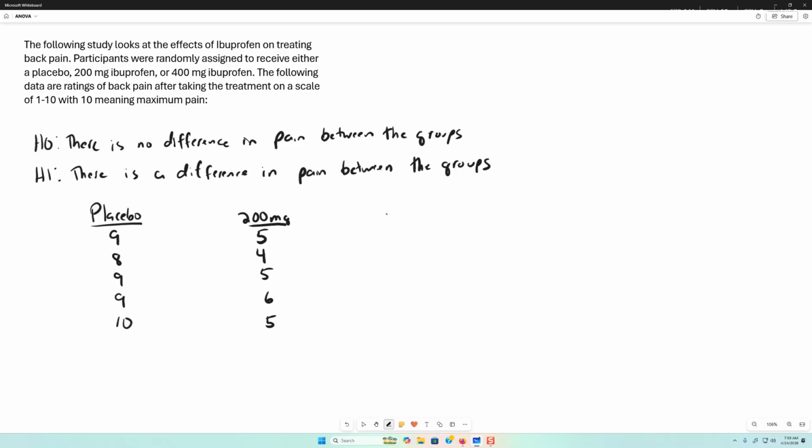And then we have a 400 milligrams. Now, personally, that's not a lot. I mean, 200 milligrams is 1 pill, 1 Advil, basically. 400 milligrams is 2. So, if 1 or 2 Advil are making a drastic difference in your pain levels, then you're very, very lucky.